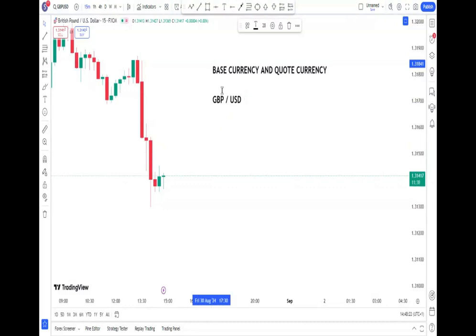This is how the currency pair is being made. It takes from the two sides. This is Great British Pound.